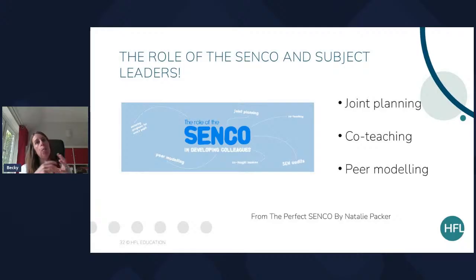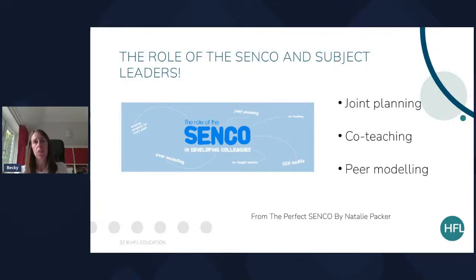So if we think about those strategies in the toolbox, like the ones I've shown you, and they're just a snippet of strategies, we often have whole twilight sessions on just the strategies, or 3 twilight sessions on just the strategies.